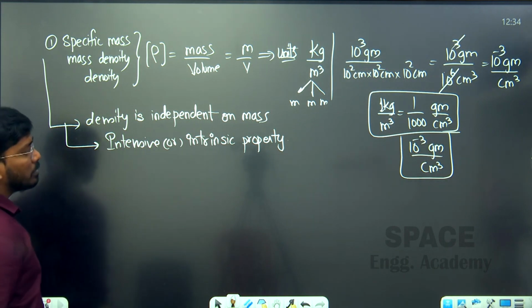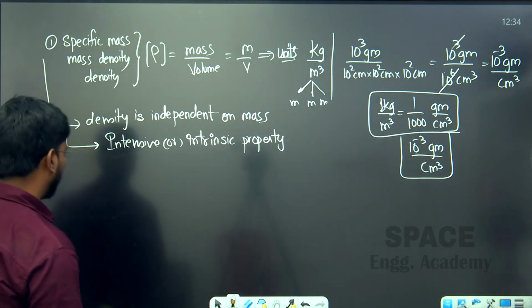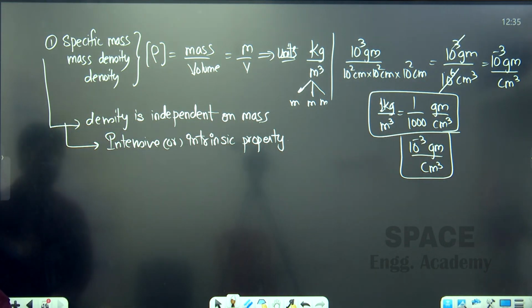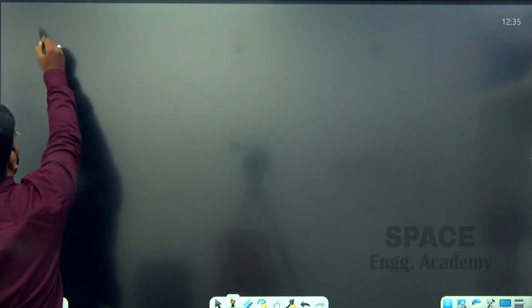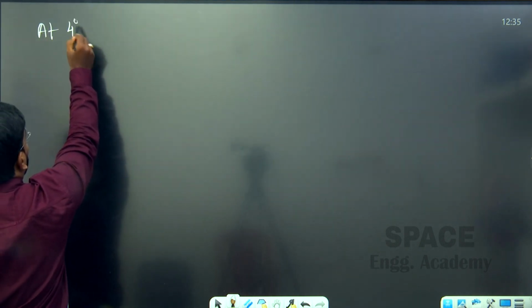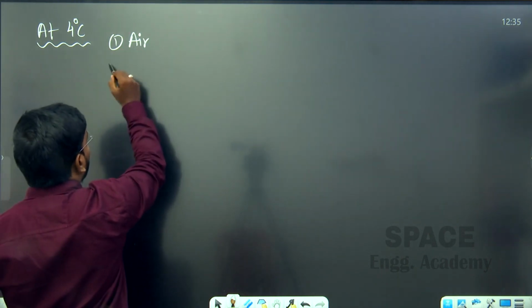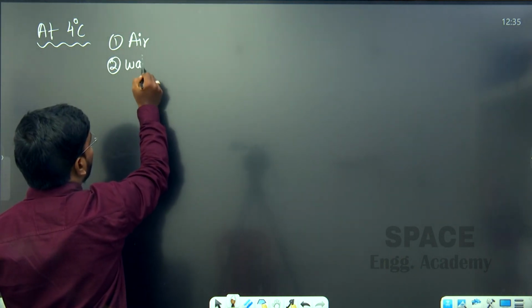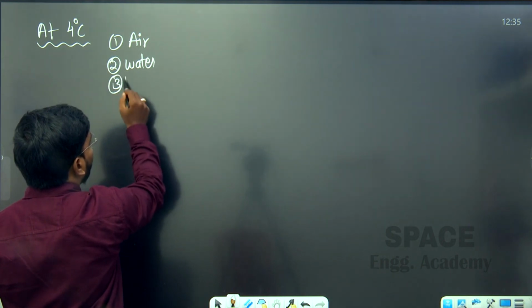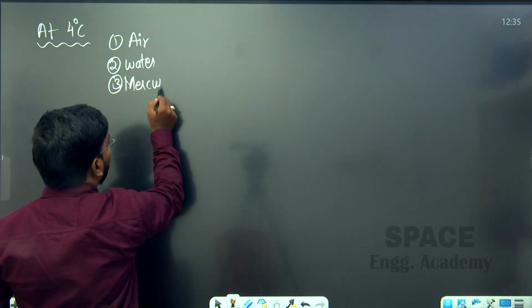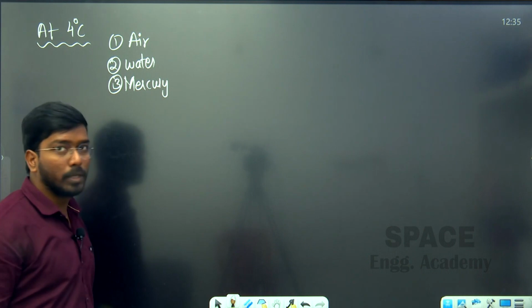So density has some standard values that we need to memorize. The standard values of densities are at 4 degrees Celsius. The first one is air, then water, then mercury. First of all, you need to remember these three for sure.